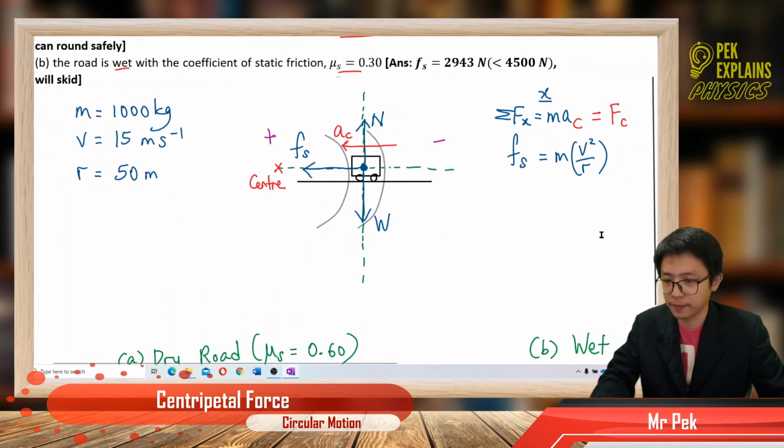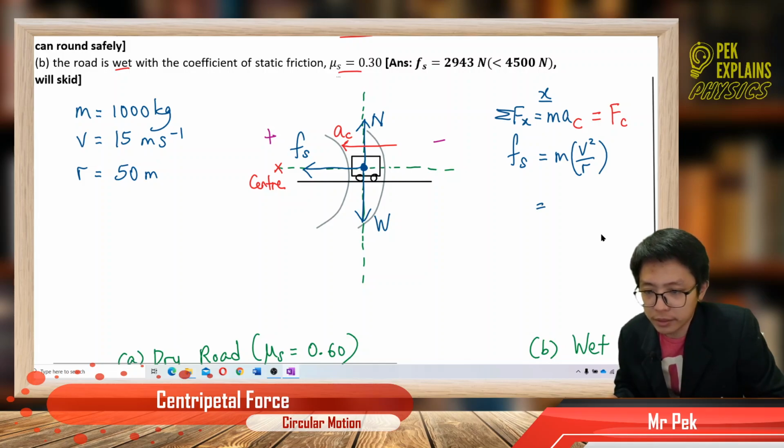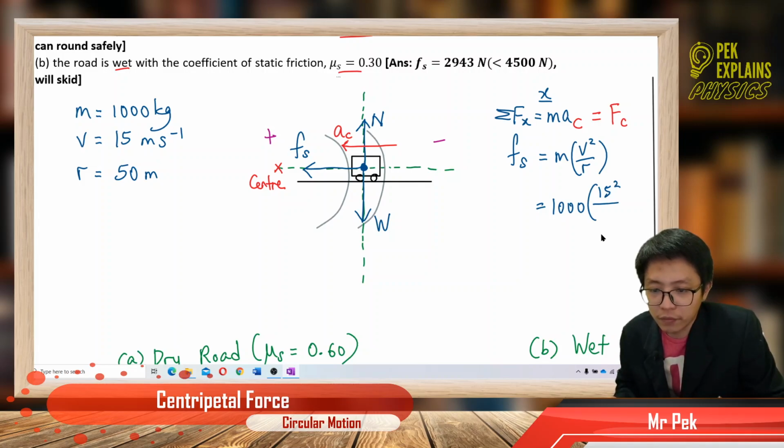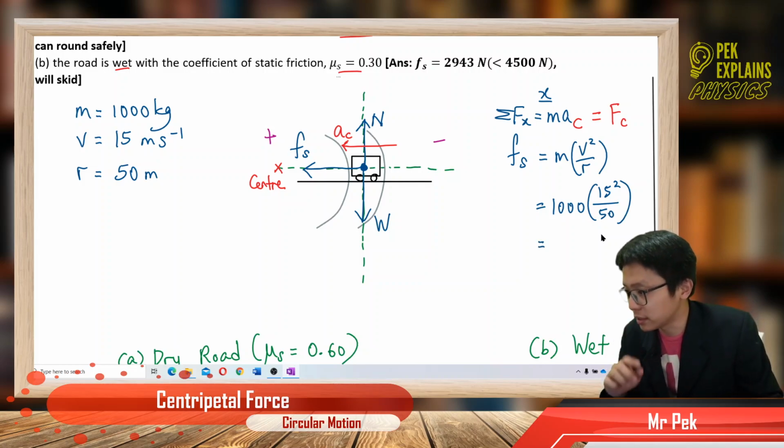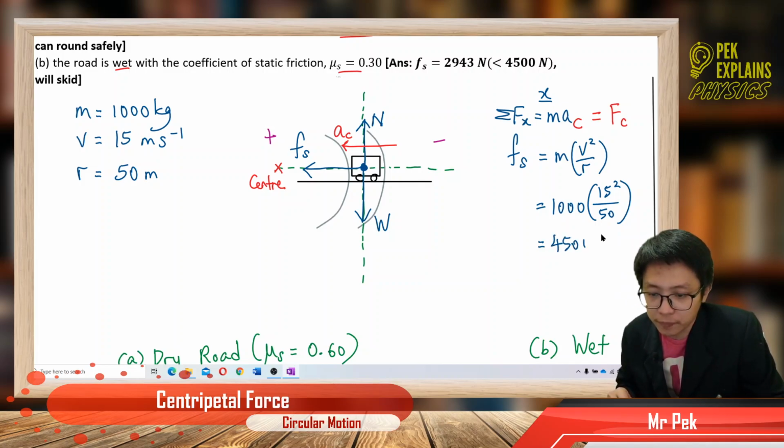Just substitute inside. The mass is 1000 kilograms, velocity is 15, and radius is 50 meters, all in SI units. So let's calculate what answer we get. We got 4,500 Newtons.